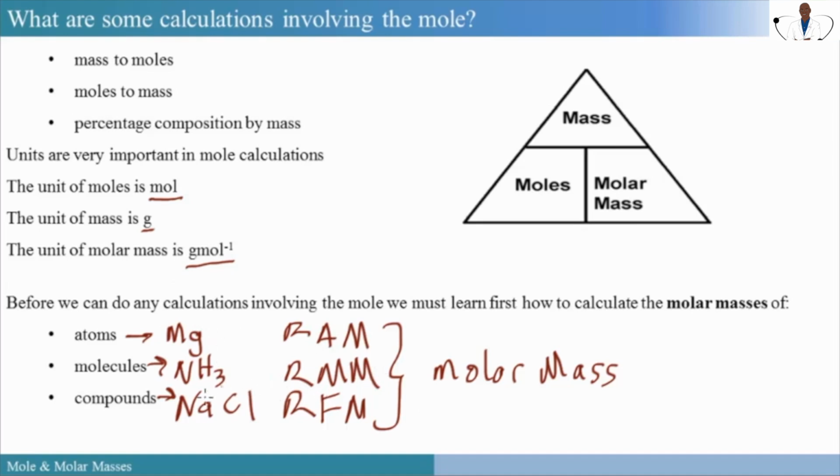Instead of saying, what is the relative molecular mass of ammonia, I could say, what is the molar mass of ammonia? And instead of saying, what is the relative formula mass of sodium chloride, I could simply say, what is the molar mass of sodium chloride? So molar mass is used to replace all these separate terms.